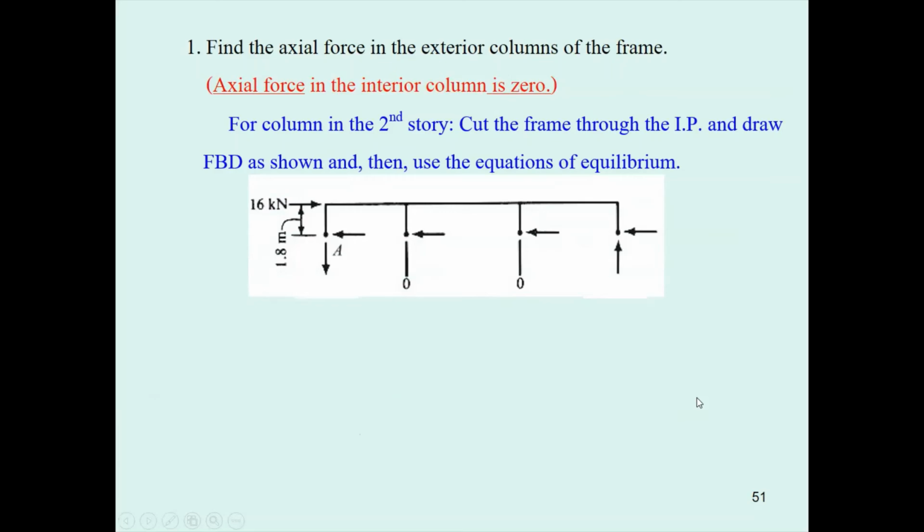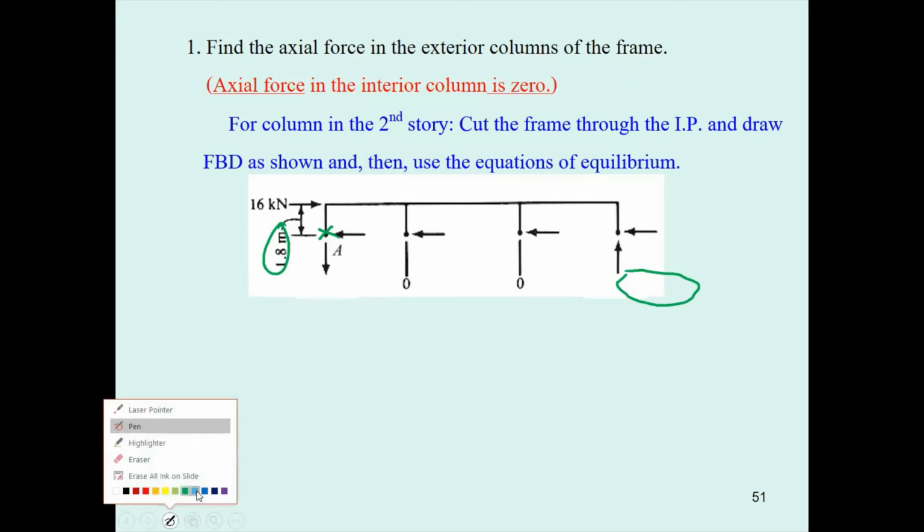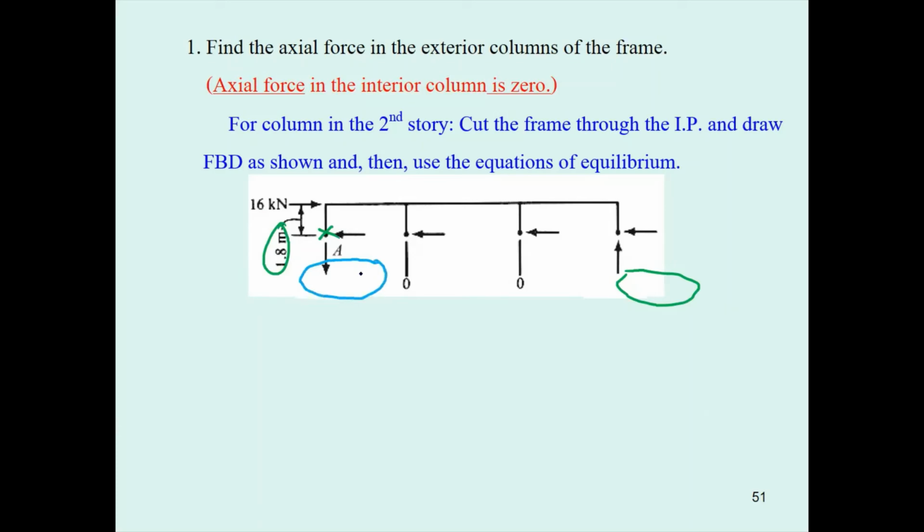So when you cut the frame at the inflection points, consider only the roof form, with the height changed to half. If you take the moment here, you can find the axial force here. When you get this axial force, you use the summation of vertical force equal to 0. You get this light blue.